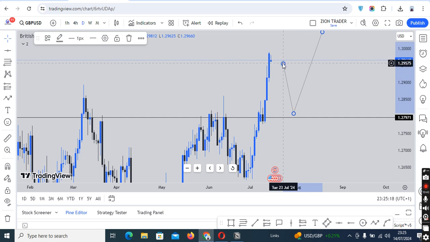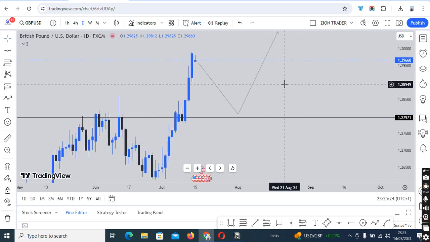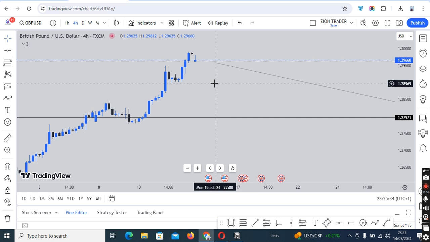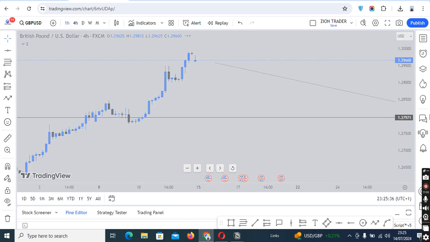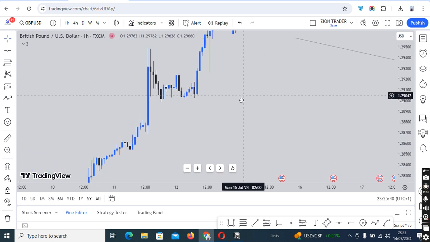So if at all price retrace into this zone, right? So if price decide to retrace into this zone, but before you know that that retracement is going to happen, it's going to give signatures on the 1 hour time frame, on the 4 hour time frame. It's not as if it's not going to show itself. It's going to show that yes, price is about to go bear, it's about to start retracing.